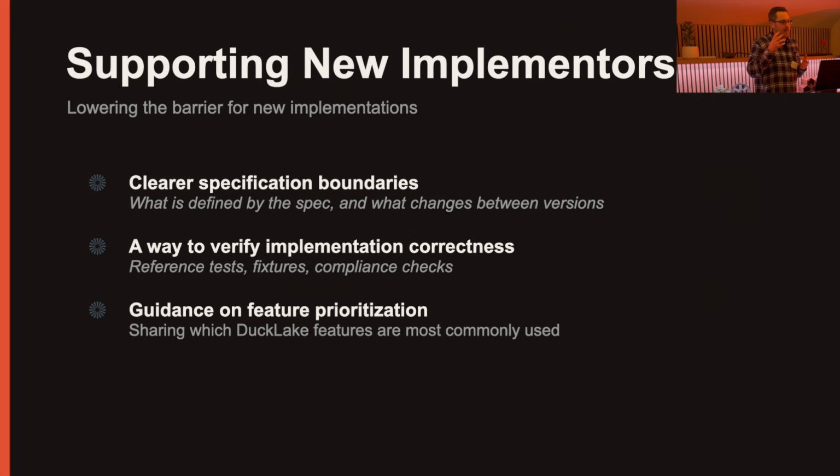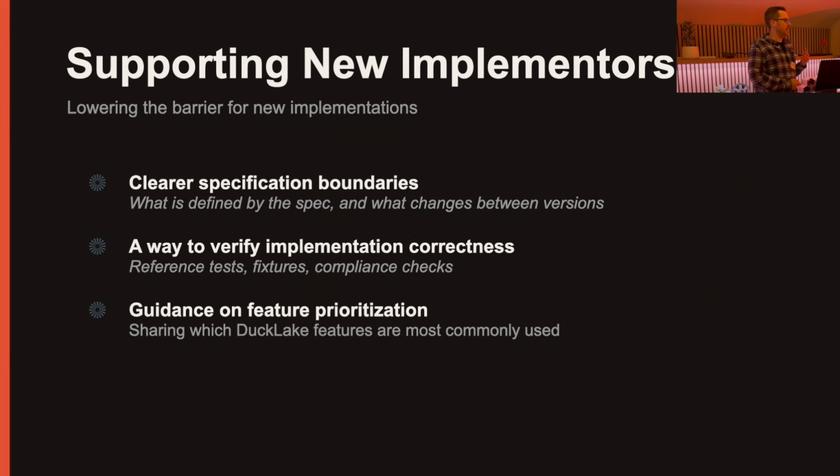The DuckDB Labs folks, Pedro and Guillermo, have been really receptive and great collaborators, talking to us about how to incorporate some of this feedback. There are some great ideas coming out of how we could do this and put it into a repository to make it easier for future implementers, as well as for ourselves and them.